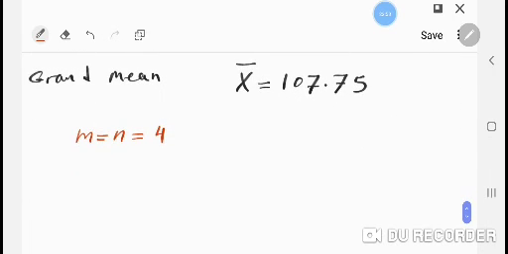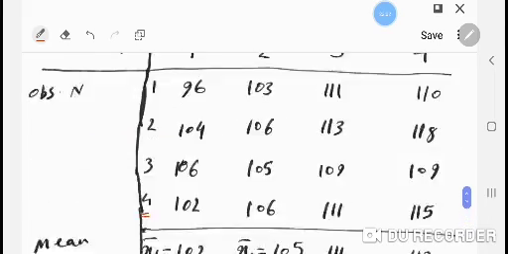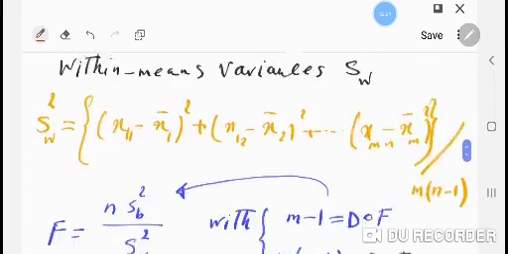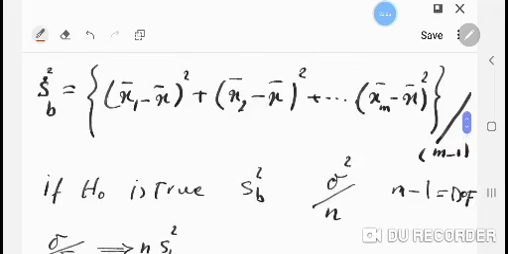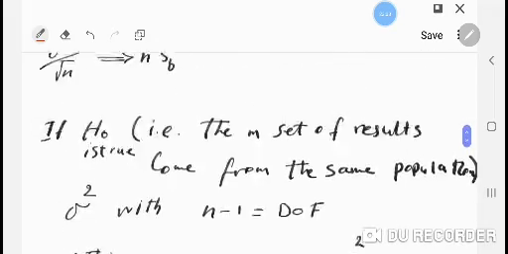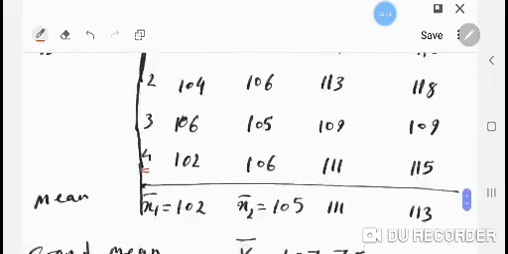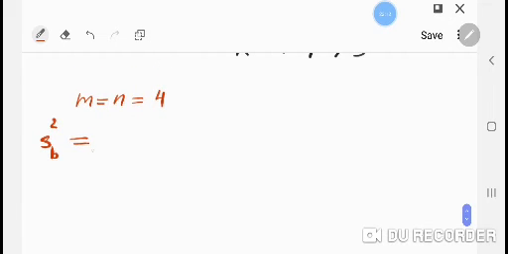And therefore SB2 we can calculate with this formula, and it is 105.